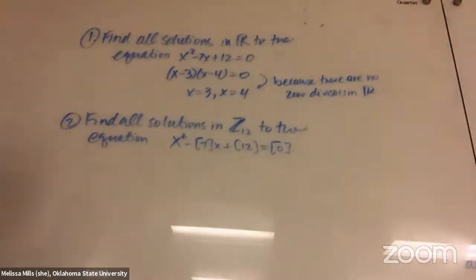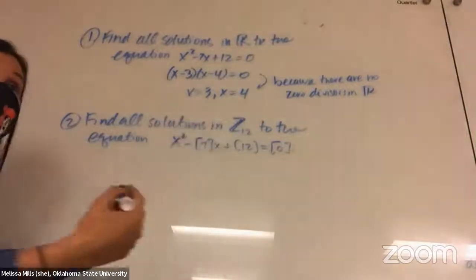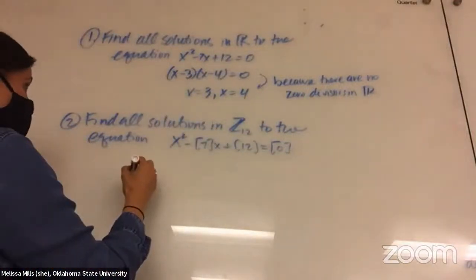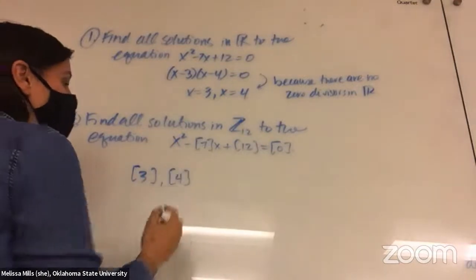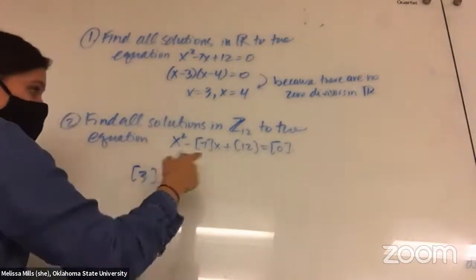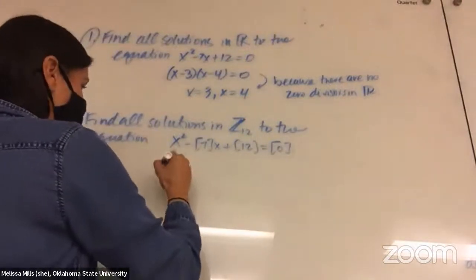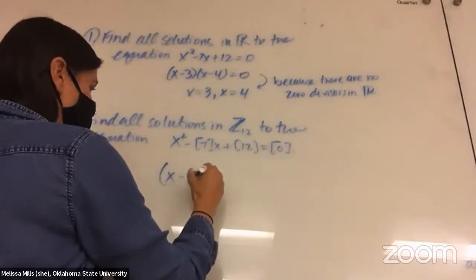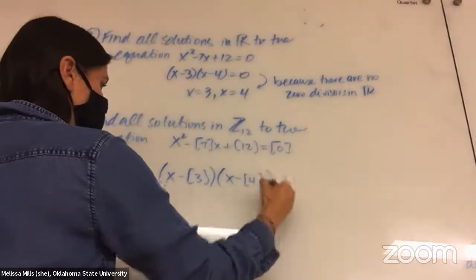Okay, and what about here? Well, we get the same solutions we got in R show up here too, so we also have 3 and 4. But in this ring, we have some zero divisors. So we know that if we factor this, we'll get (x minus 3)(x minus 4).